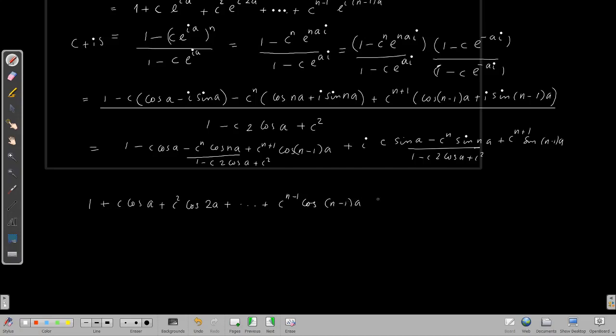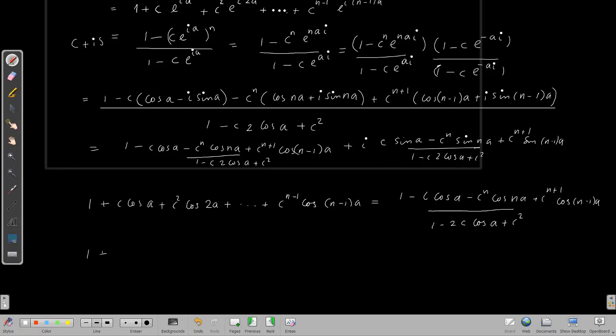So this is the nth term. So this will give 1 minus c cos a minus c raised to n cos na plus c raised to n plus 1 cos (n minus 1)a divided by 1 minus 2c cos a plus c square.